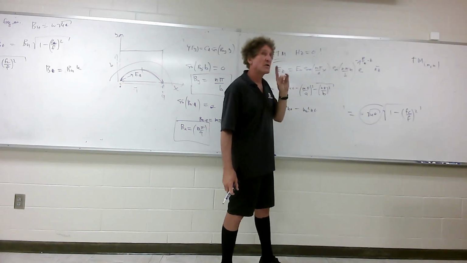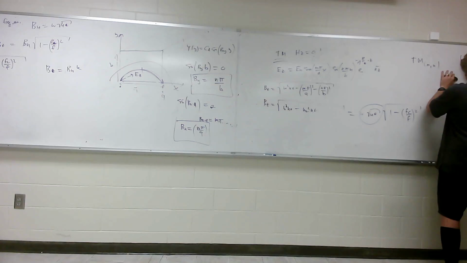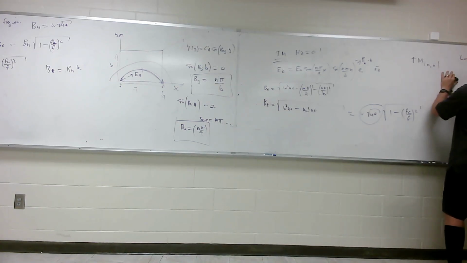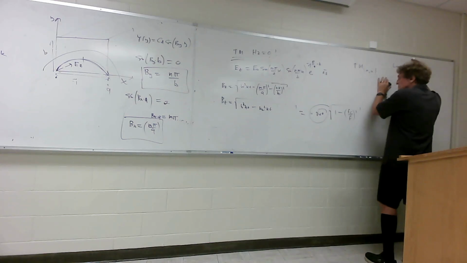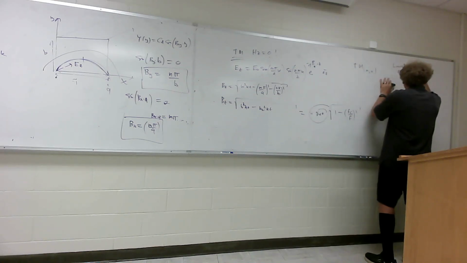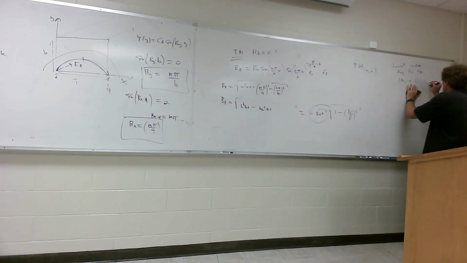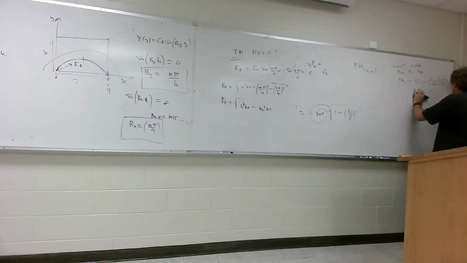M and N have to be 1 or greater, which means the lowest order frequency that can actually propagate for TM is the TM11 mode. The cutoff frequency for 11 would be equal to 1 over 2 square root of mu epsilon, times the square root of 1 over a squared plus 1 over b squared. Y'all follow me?